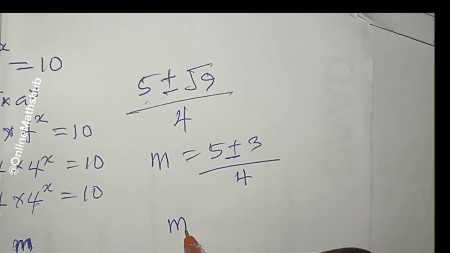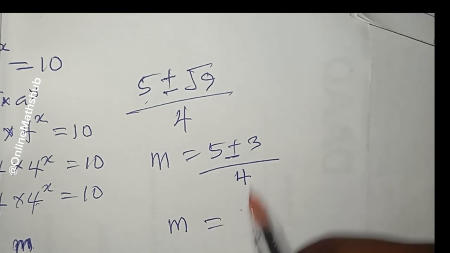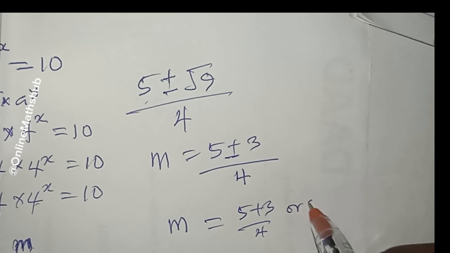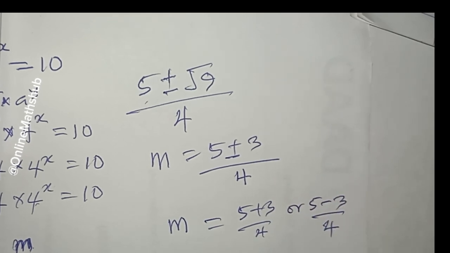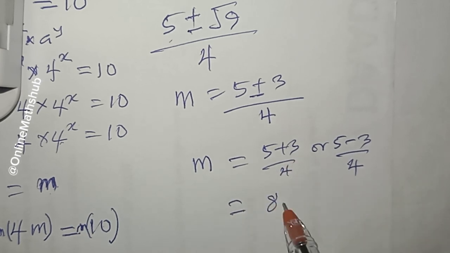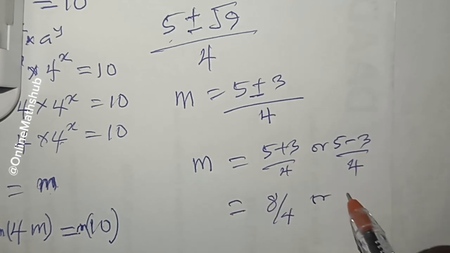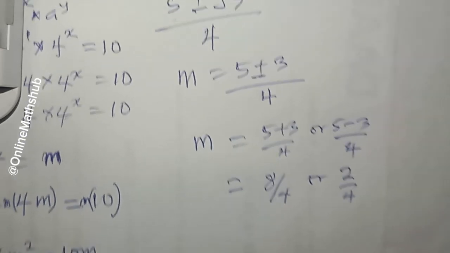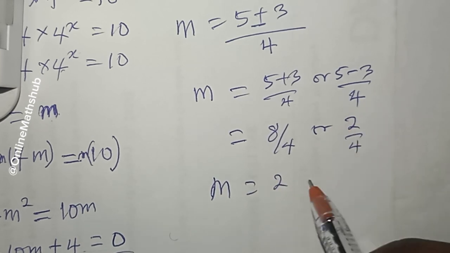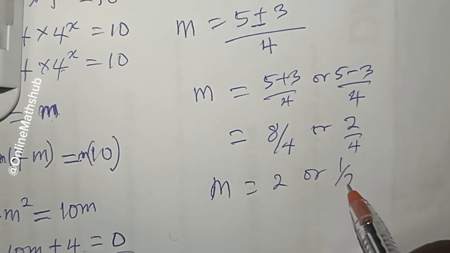Okay, so obviously you can see that m is equal to first 5 plus 3 divided by 4, or 5 minus 3 divided by 4. And of course, in which case this one is 8 divided by 4, or 2 divided by 4. So of course m is now equal to 2 or 1 over 2.